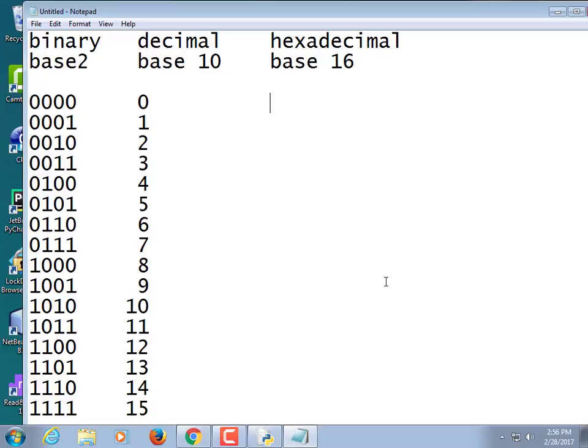So the first 10 digits are the same: 0, 1, 2, 3, and so on.